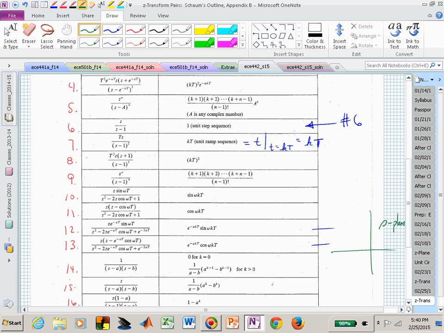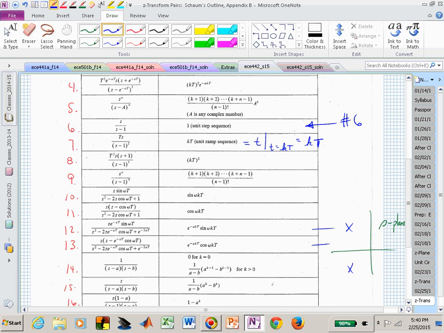Left half plane if it's exponentially damped, and were they on the real line? No, they have imaginary components to them. They were sitting over here, let's say, as complex conjugates, and you had two poles, and once you had that, you had this ringing effect, which is this cosine or sine oscillation with the exponential damping because you're in the left half plane.